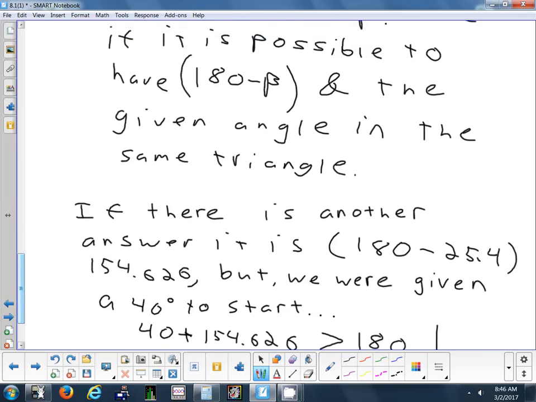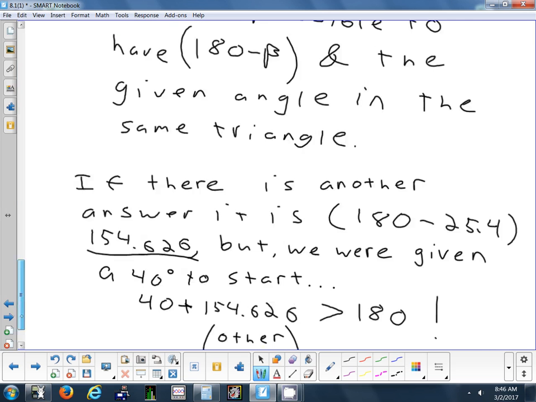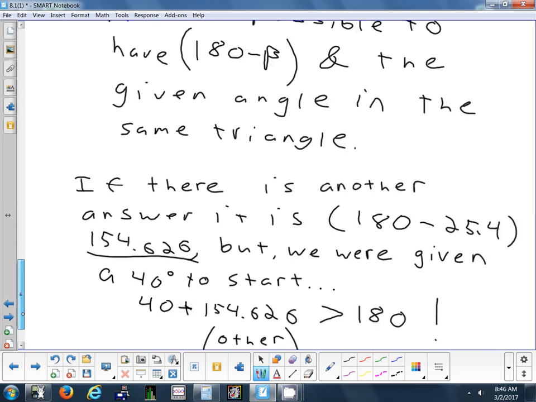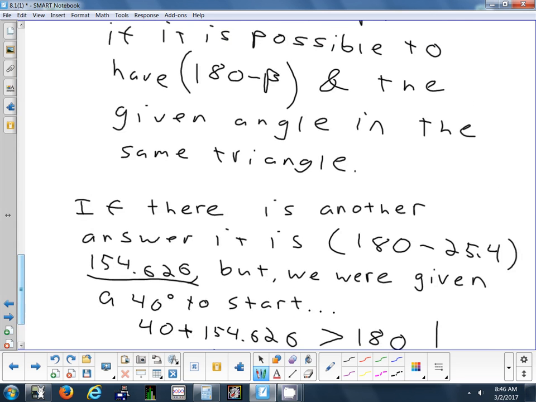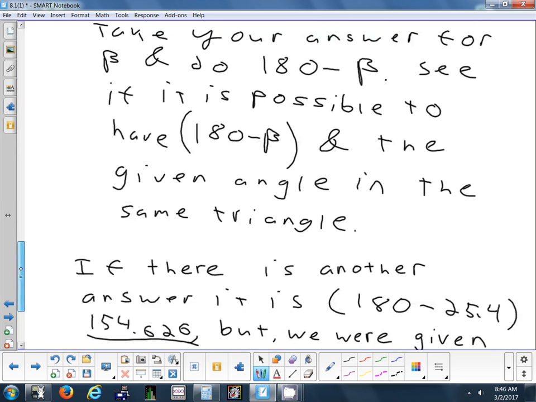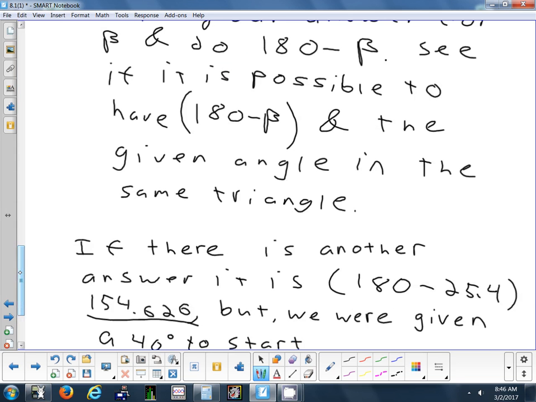But in our problem, if we did 180 minus the angle, we get that. And with the 40 degrees we were given to start, it's too big. It's greater than 180. So, any questions on how we found the second answer or why it doesn't work this time?